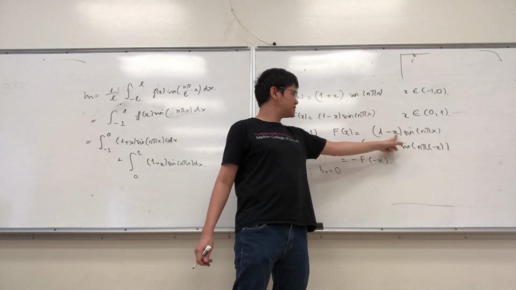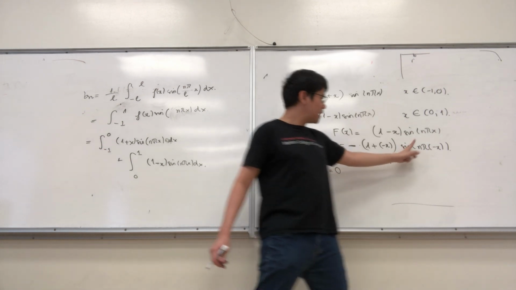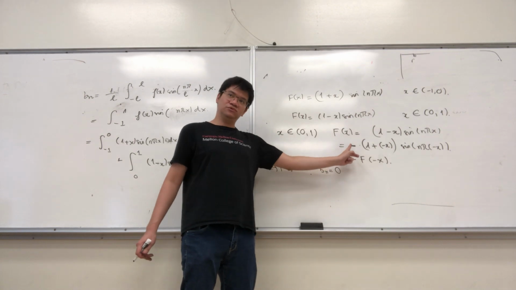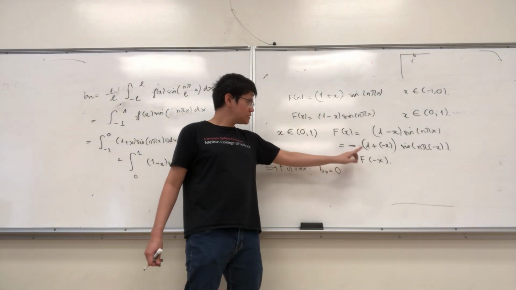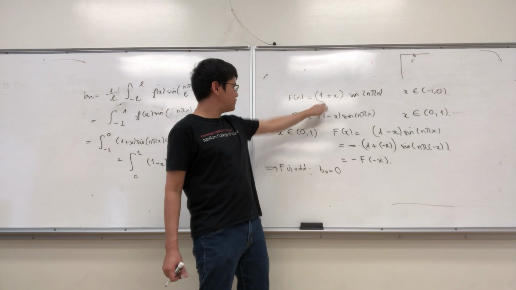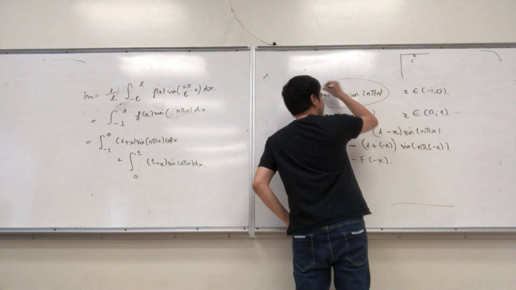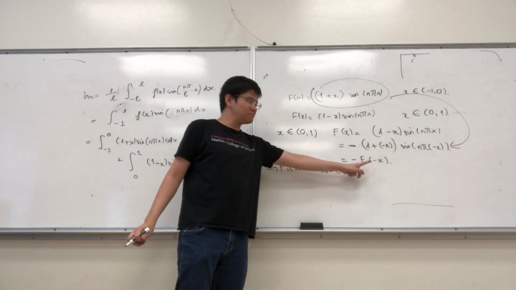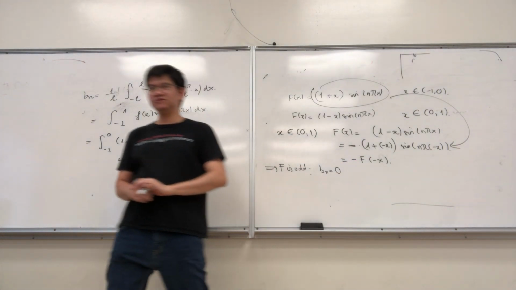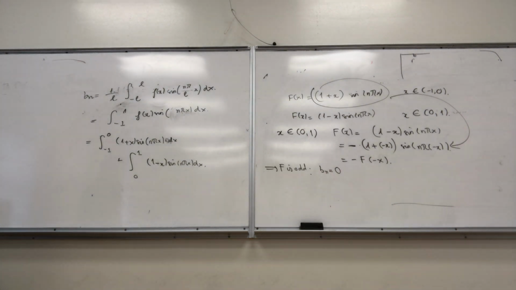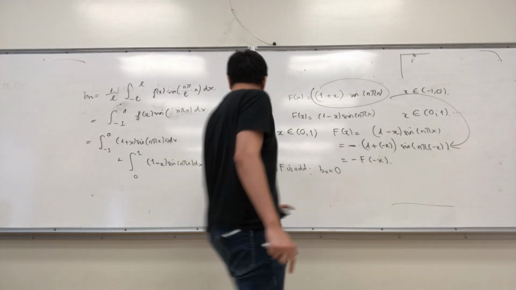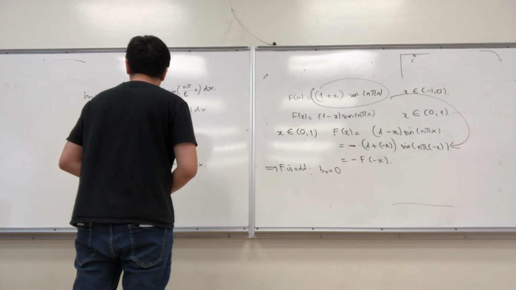So I have 1 + (-x), and sin of nπx, and I have to put a minus. So this has the same form as the first one, which means that this is minus f(-x). So f is an odd function, and the integral is 0. So from this computation, we know that Bn is 0.